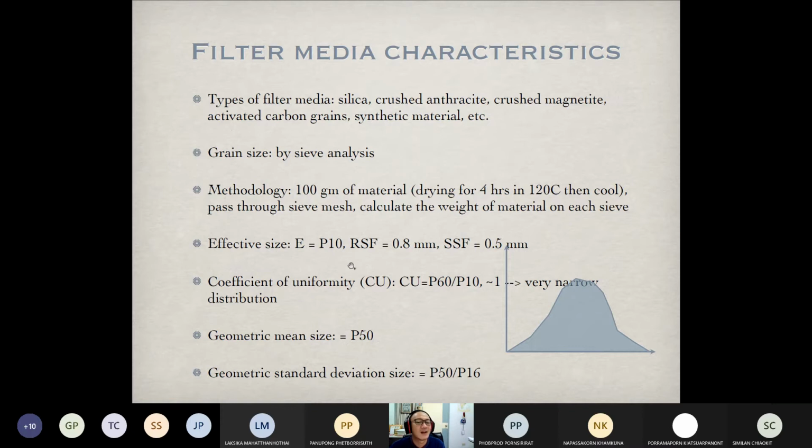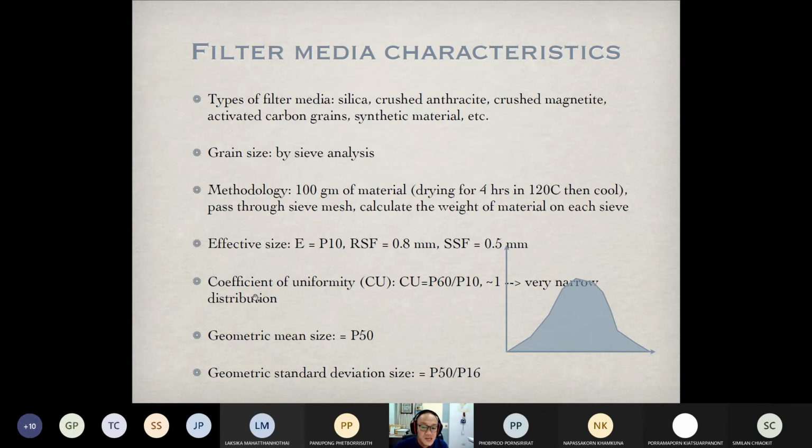For the rapid sand filter, the effective size, the P10 of the sand, must be 0.8 millimeters. But for the slow sand filter, the effective size of the sand must be 0.5 millimeters. So the size is smaller. That is why it yields a slow filtration rate, so we call these filters slow sand filters.